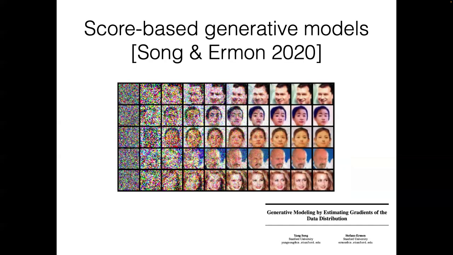And then the other one, which was proposed at a similar time, is called score-based generative models. So here they're basically learning these gradients, and then they sample by what's called Langevin dynamics.